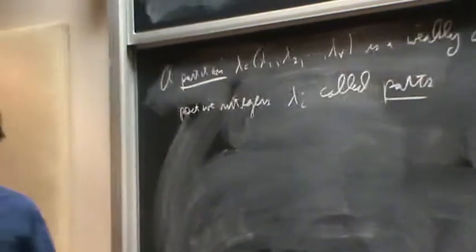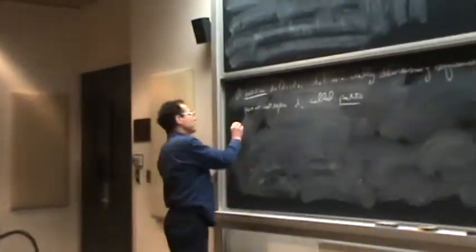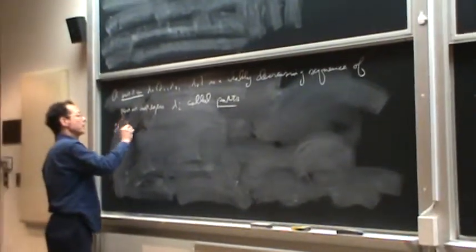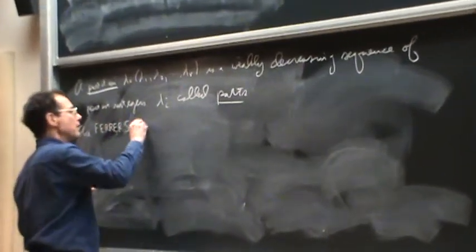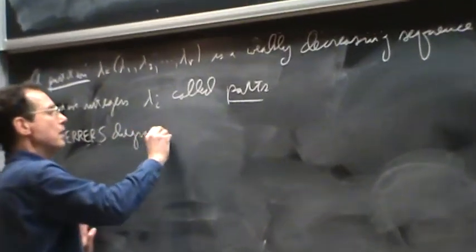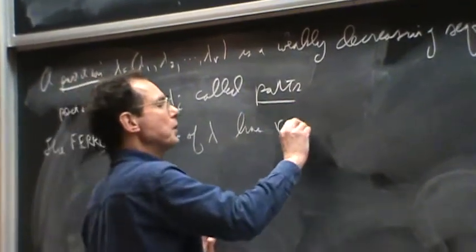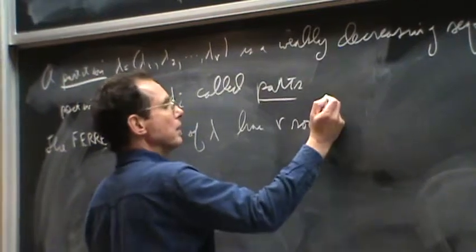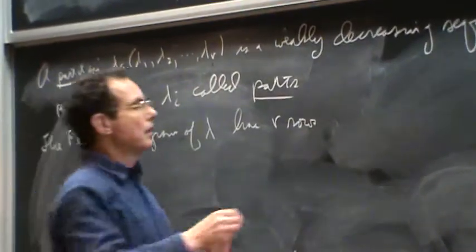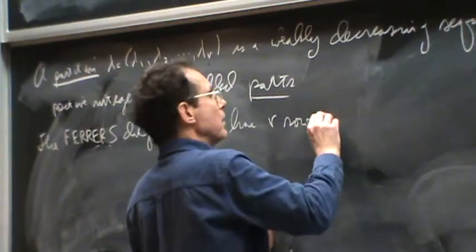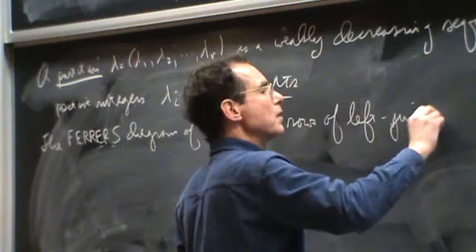And the way we're going to think about these is in very geometric terms, in terms of something called the Ferrers diagram. So the Ferrers diagram of lambda has r rows, where r is the number of parts you have, of left justified boxes.